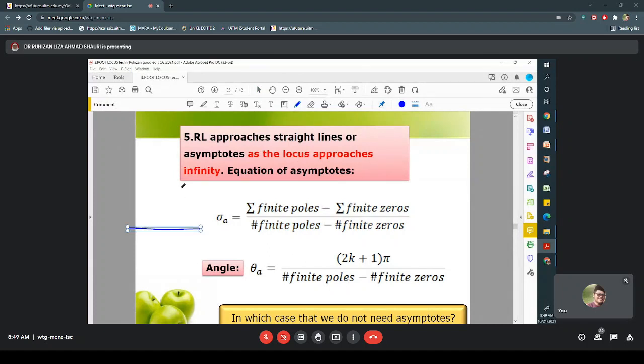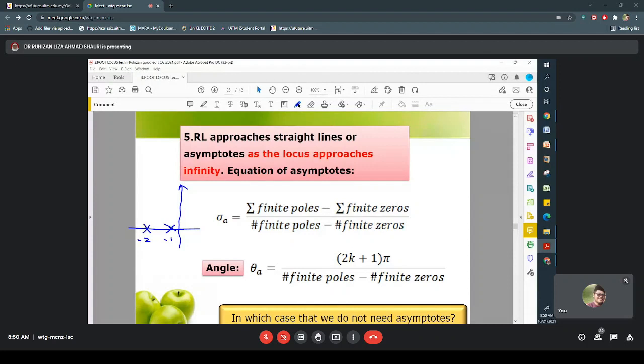Let's say that I have a zero at -1 and a pole at -2. Alright, now let's draw the root locus, based on the rules that you have learned.